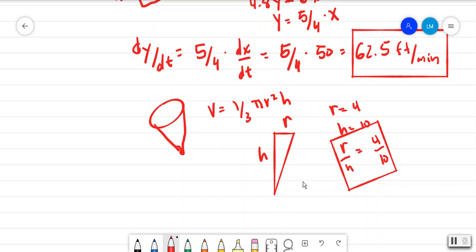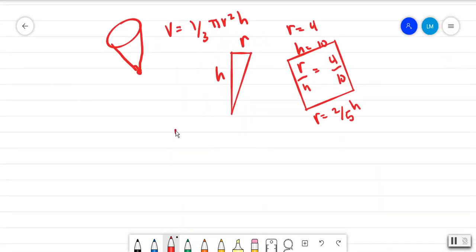So this is a classic problem, which, if I wanted to rewrite it in terms of h, I would say that r is equal to 2/5 times h, and I would plug this back in.